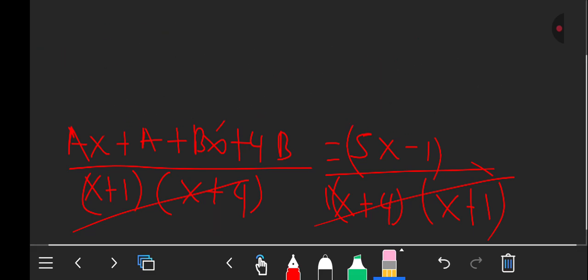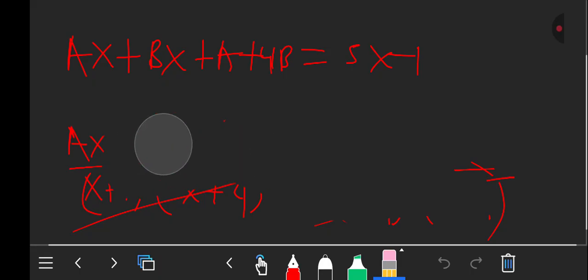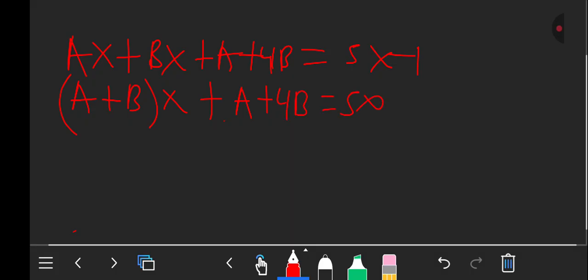So what would be the numerators? We collect the like terms, so it will be ax plus bx, then plus a plus 4b is equal to 5x minus 1. When I have this, I can just compare. I factorize x, so it will be a plus b, then x, then plus a plus 4b is equal to 5x minus 1.